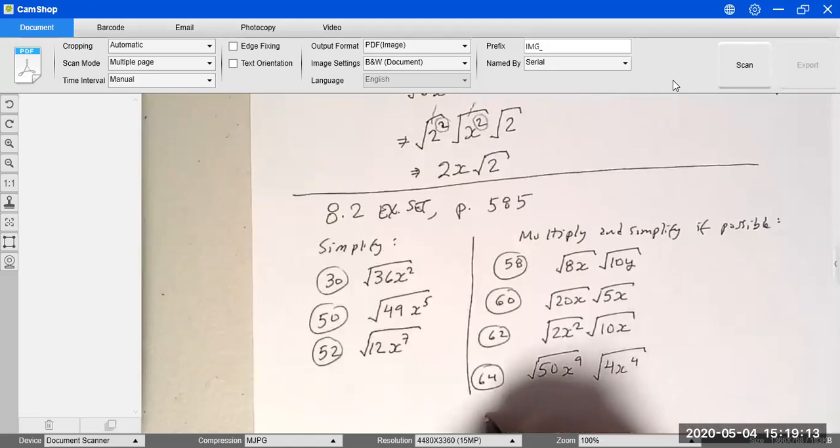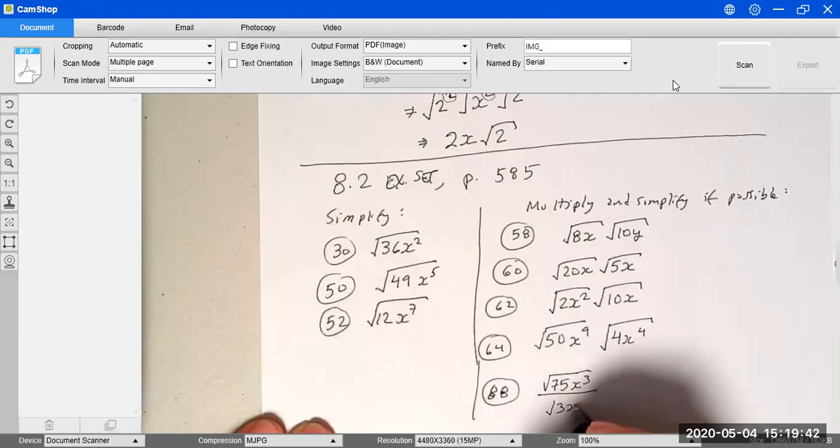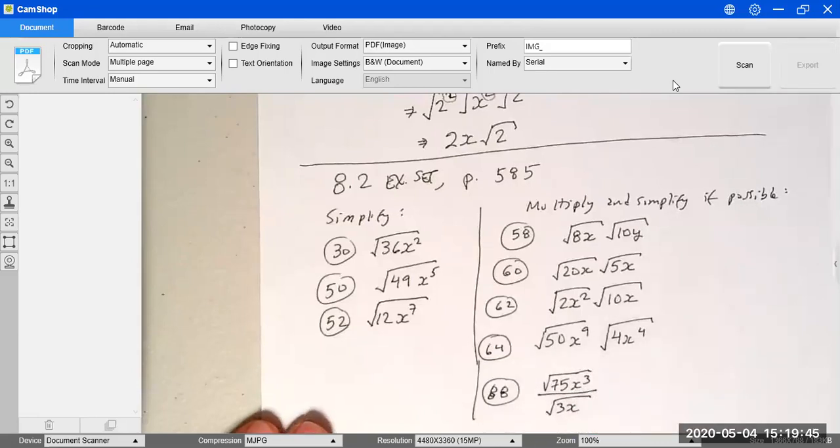And finally, let's see, you're going to work 88. That's the last one. 88 is the square root of 75x cubed over the square root of 3x. So those are your problems.